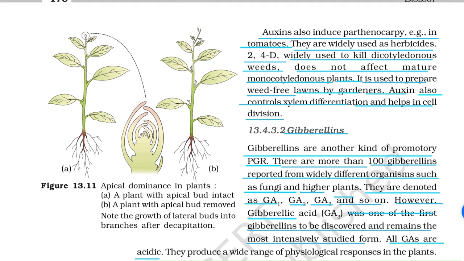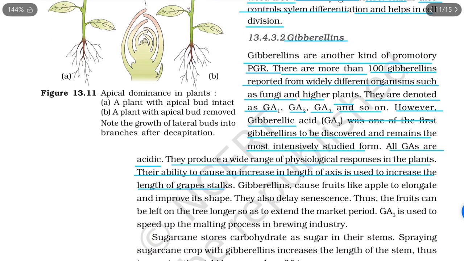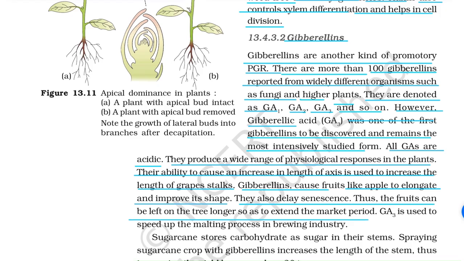All GAs are acidic. They produce a wide range of physiological responses in plants. Their ability to cause an increase in length of axis is used to increase the length of grape stalks. Gibberellins cause fruits like apple to elongate and improve their shape. They also delay senescence. Thus, the fruits can be left on the tree longer so as to extend the market period.